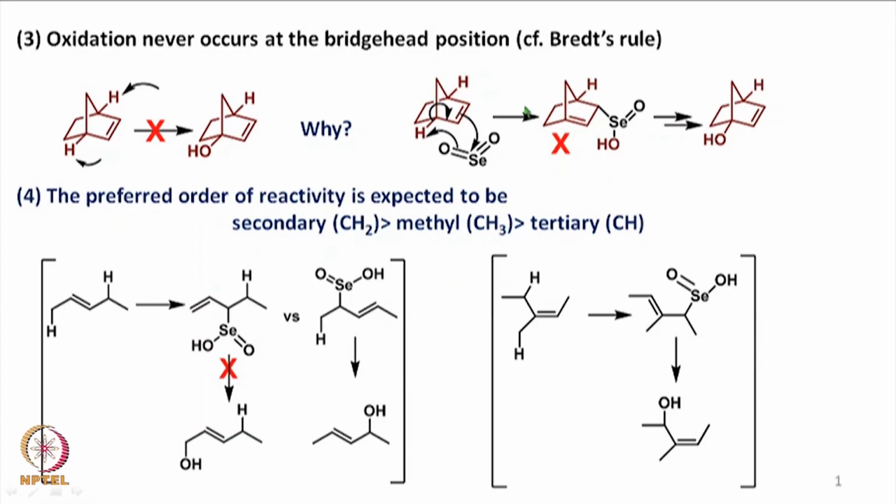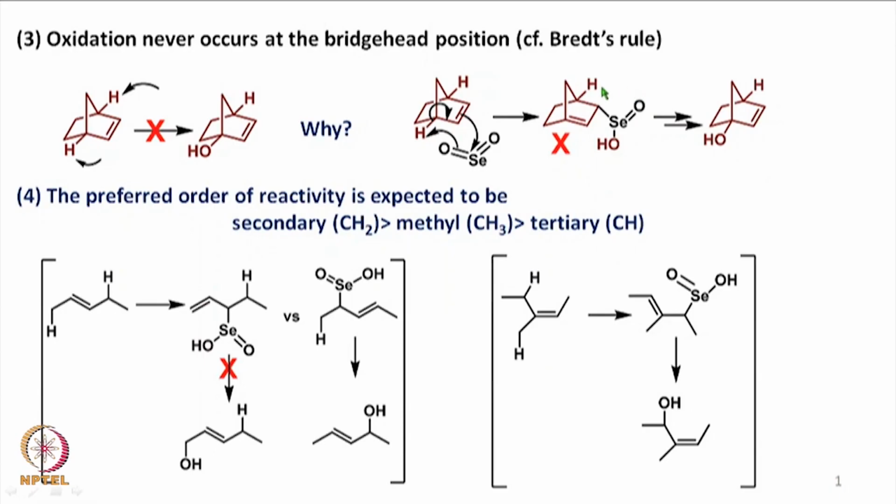Now, this particular selenium intermediate then undergoes rearrangement to allow the introduction of the hydroxy group at the bridgehead position, and the double bond is returned to the original position. That means when this particular compound undergoes oxidation with selenium dioxide, the allylic hydrogen is replaced by the hydroxy group at the bridgehead position.